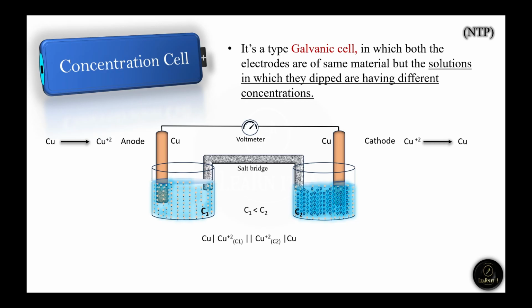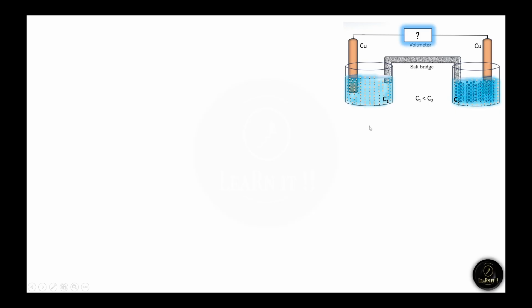Now we get a question: what is the cell potential, or what is the voltmeter reading? Again, we know that there is no standard concentration, so we need to apply the Nernst equation to this cell.